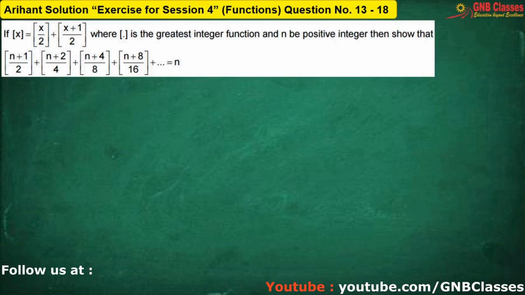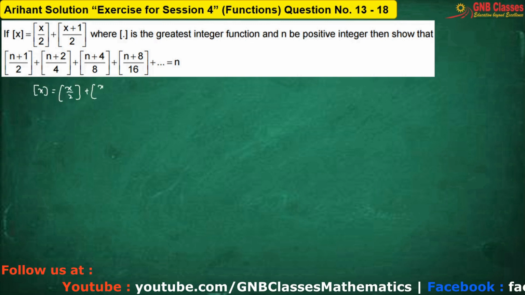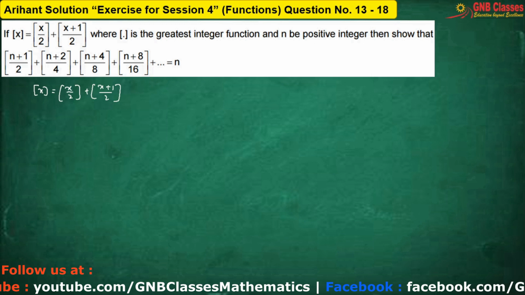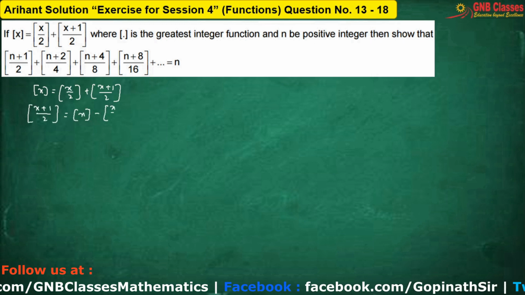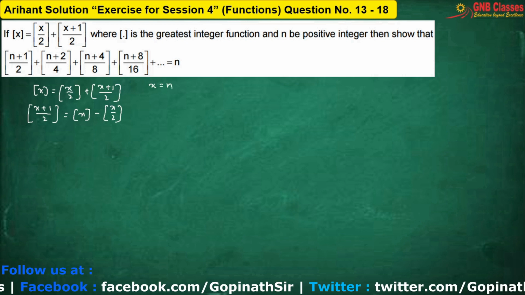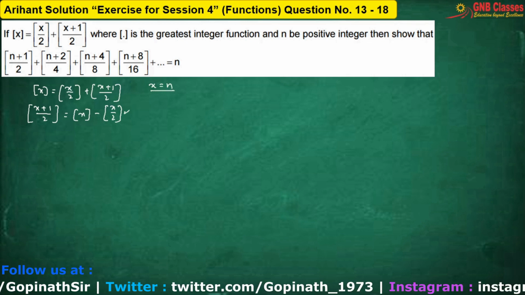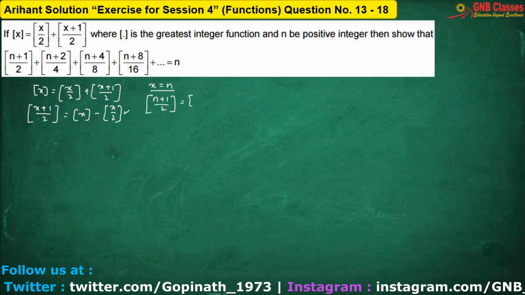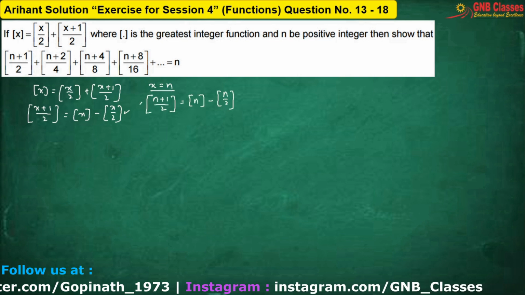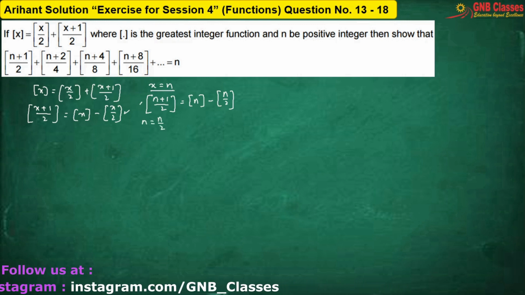Now, in this problem, we have been given that box x equals, from here we can write, now in place of x, you write n. In this equation, in place of x, you write n. So, we are getting, in this equation, in place of n, you write n by 2.